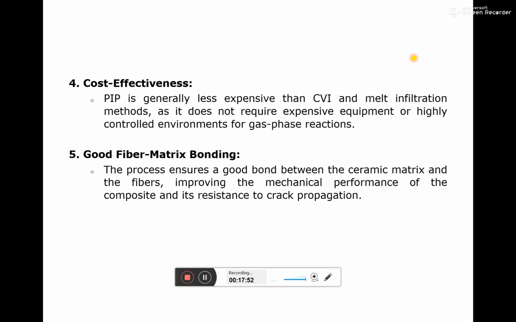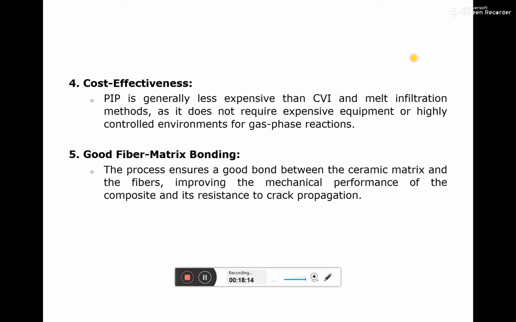And it also has the advantage of good fiber and matrix bonding, because during the pyrolysis process there is a decomposition of the polymer precursor.